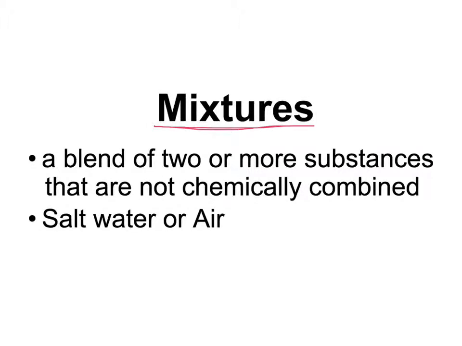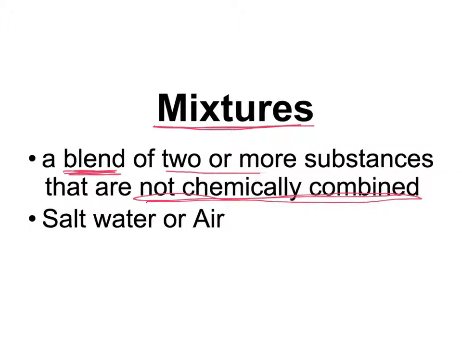Mixtures, on the other hand, differ from elements and compounds because they are a blend. They are not chemically combined. They're just blended together. So you would think something like salt and pepper could be physically combined, blended, but they're not chemically combined.